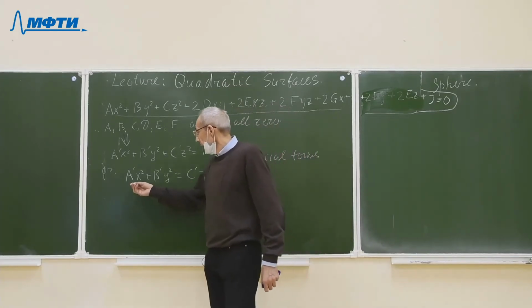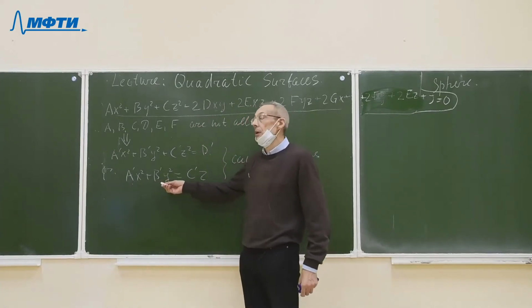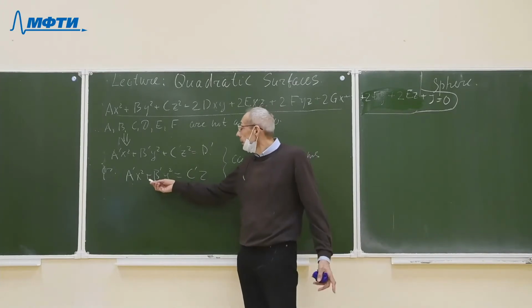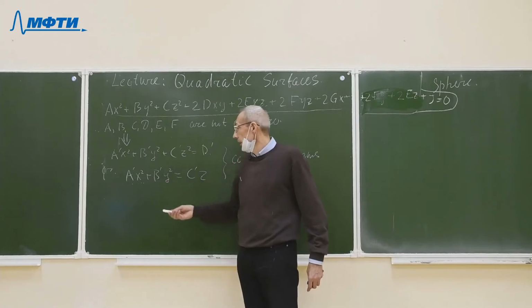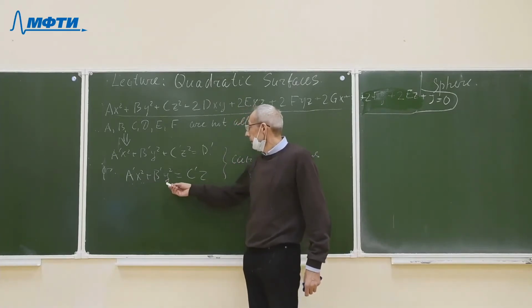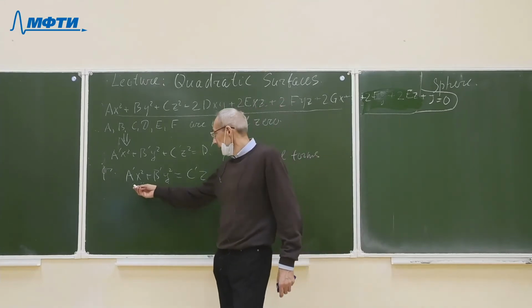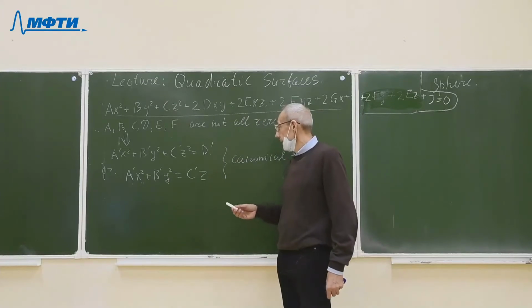The other canonical form is the sum of the squares of two variables, for example x squared and y squared, multiplied by some constants a prime and b prime, is equal to c prime times z.